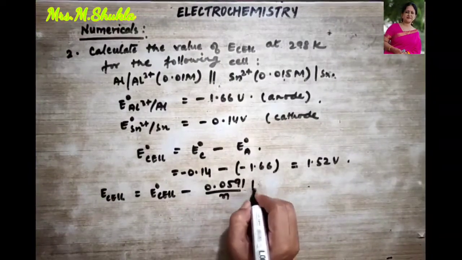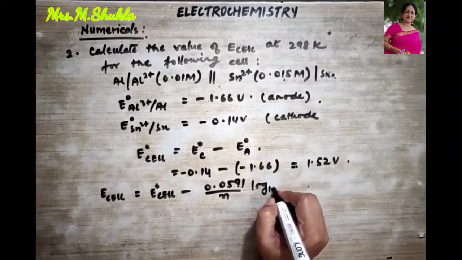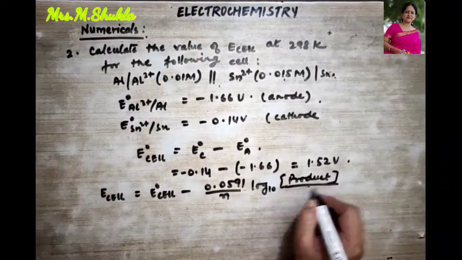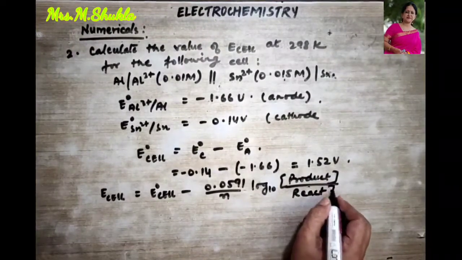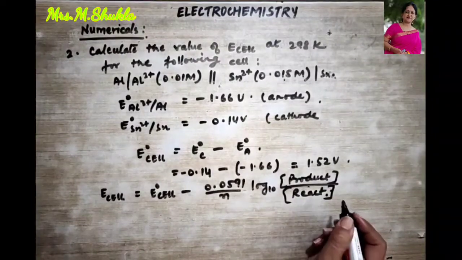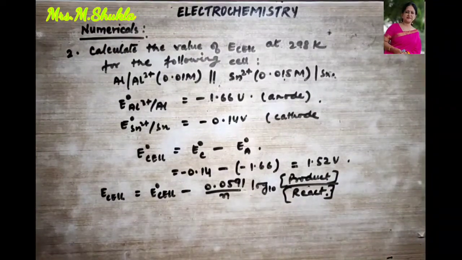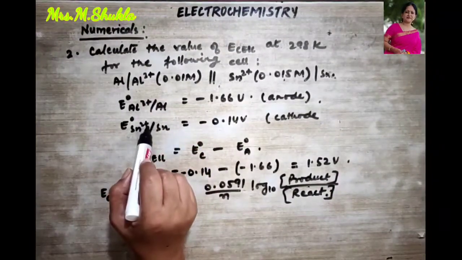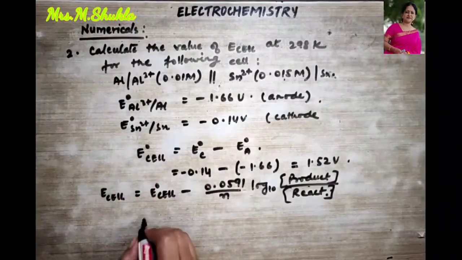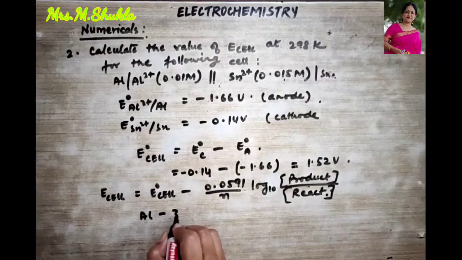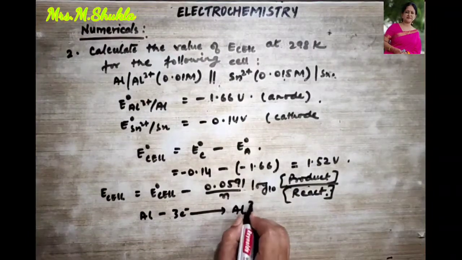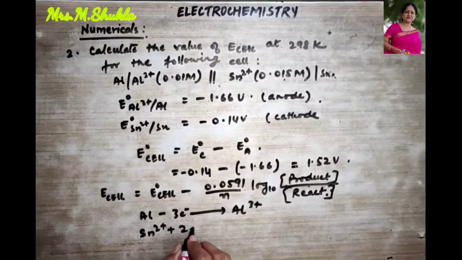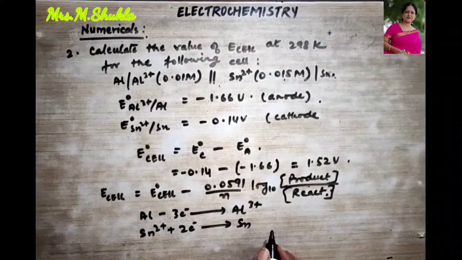Now let's see, E cell is equal to E naught cell minus 0.0591 upon n log, product upon reactant. Now over here we are going to check the valencies. The valencies are different, so let us first balance them. Aluminium is losing 3 electrons to become aluminium 3 plus, and tin is accepting 2 electrons to become Sn.